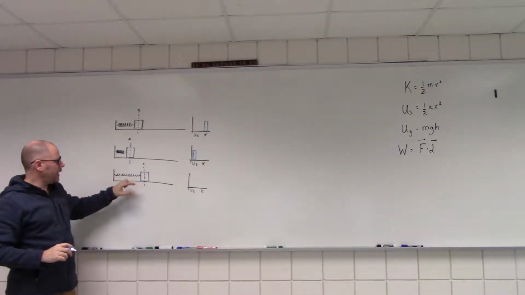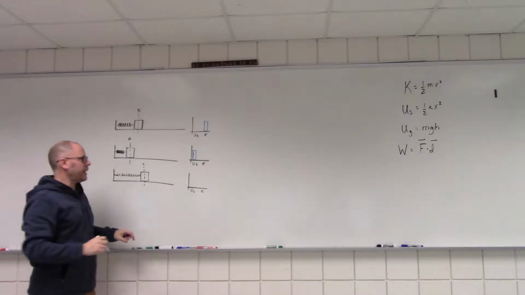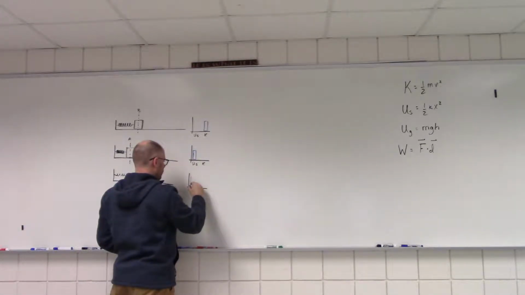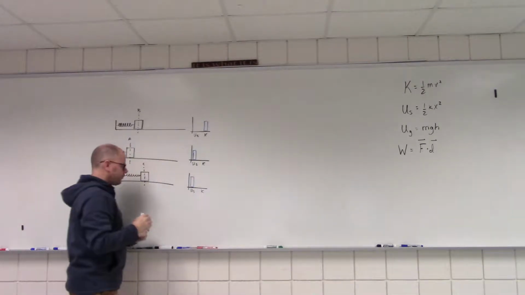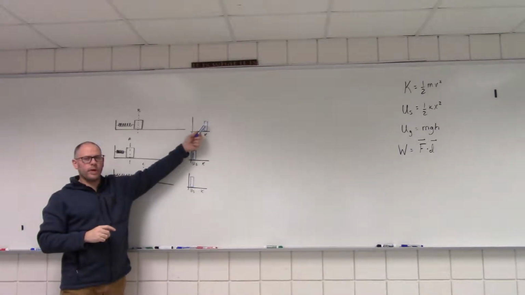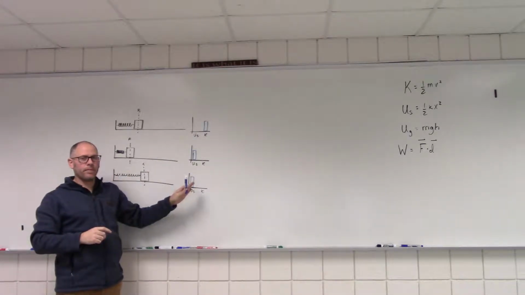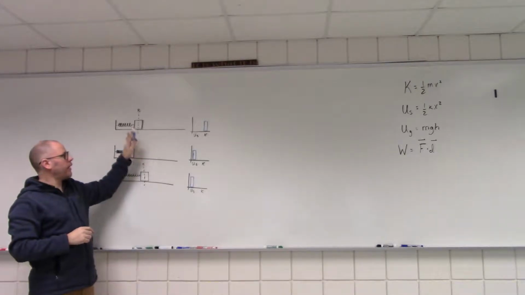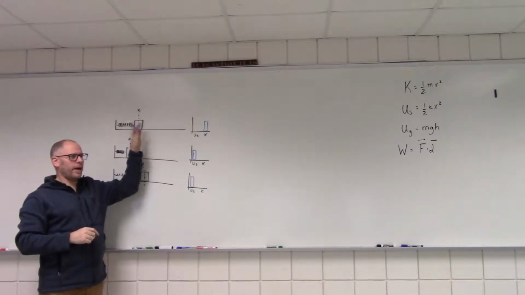And then it slides to a stop at C. But what do we notice in all three of these situations? The total amount of energy is the same. And so we just have a transfer of energy there and back, there and back.